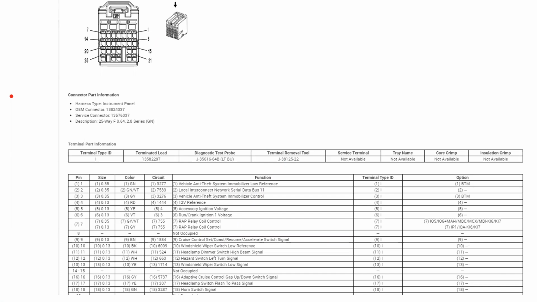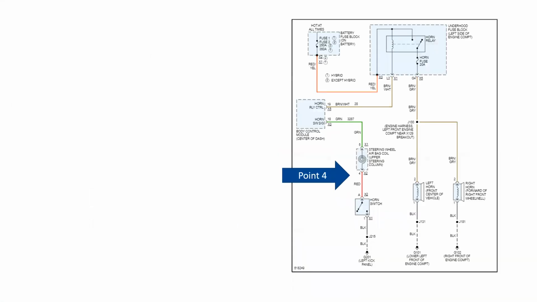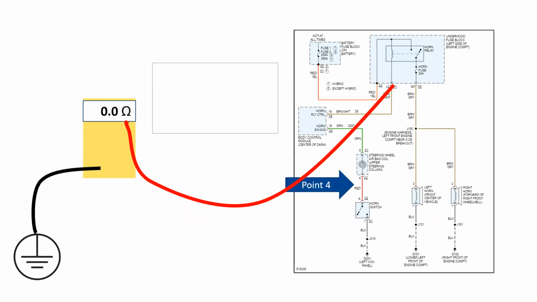Now, let's do a little bit of an exercise here. Let's say we had a short to ground at point number four. Remember, at this particular point, I don't want any battery power flowing through the circuit while I'm testing a circuit for ohms. So I'm going to pop the relay out and measure between the low current side and ground.